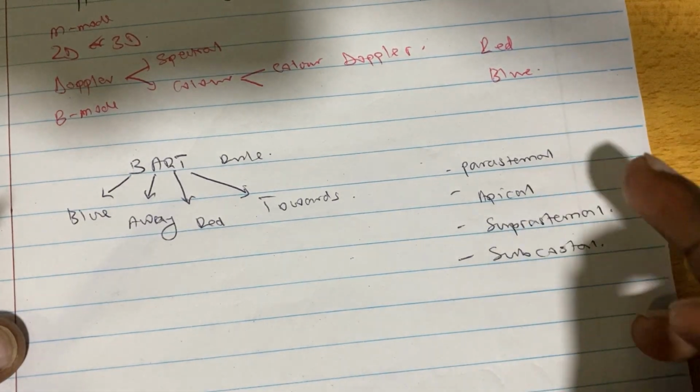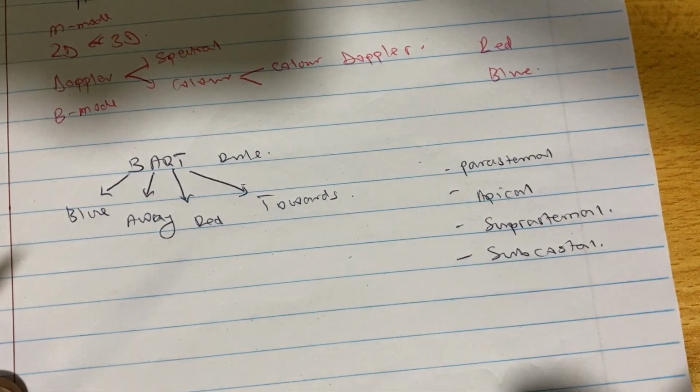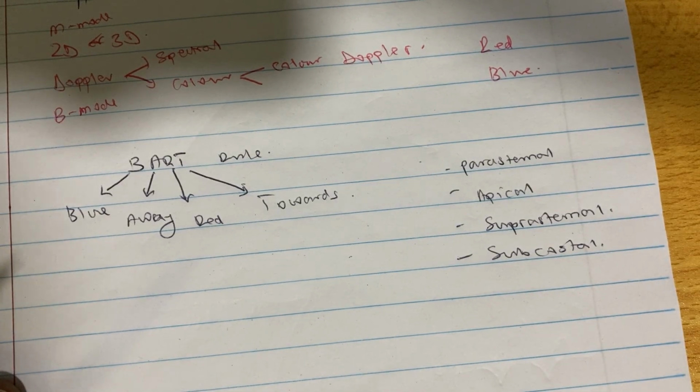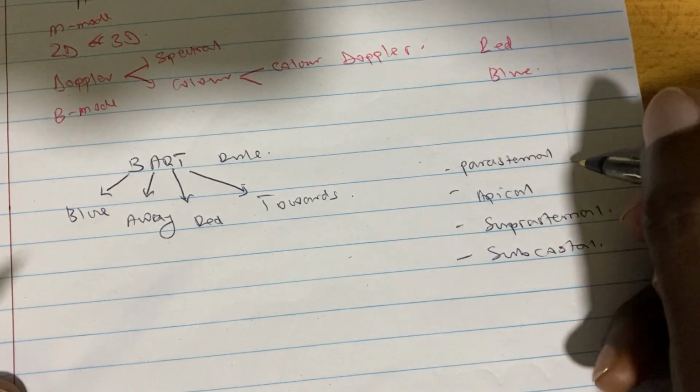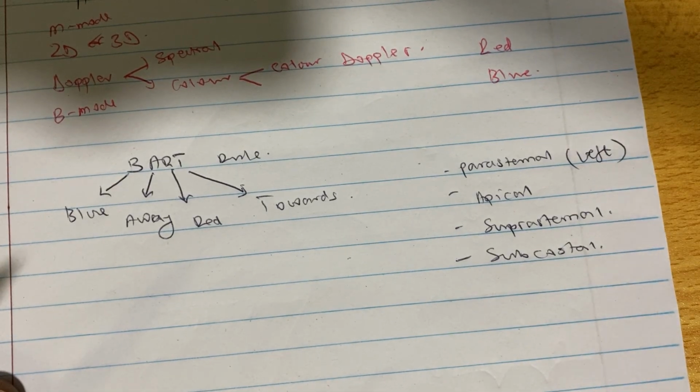Parasternal, apical, what? Remember, long axis, short axis. So depending on where you have put the transducer, parasternal can be right parasternal or left parasternal. But now here we're talking more of left parasternal.